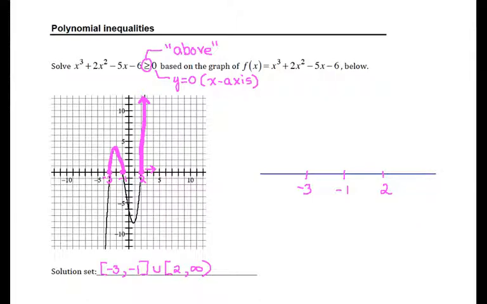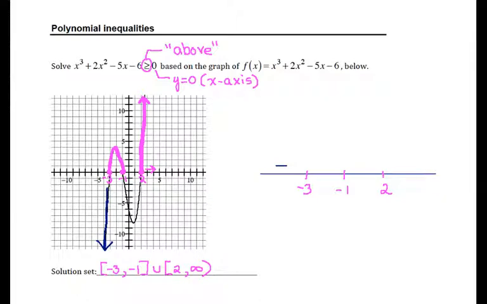And the second piece of information we need is: where is the graph above the x-axis and where is it below? We can see that to the left of -3, this region over here, the graph is below the x-axis. That corresponds to negative y values, so I'm going to mark this interval with a negative.